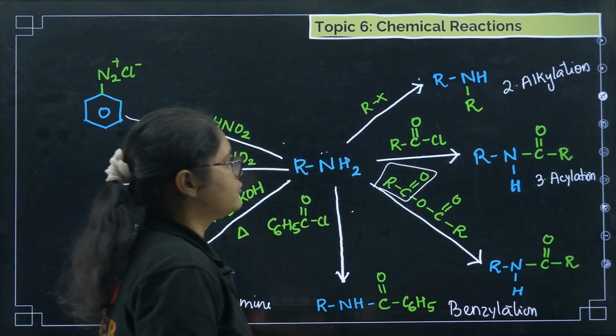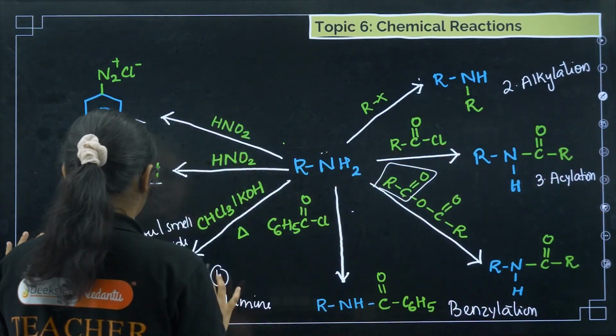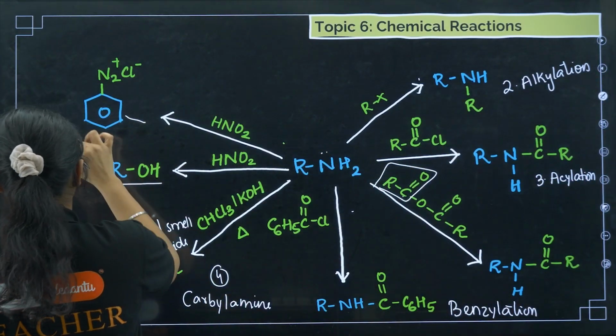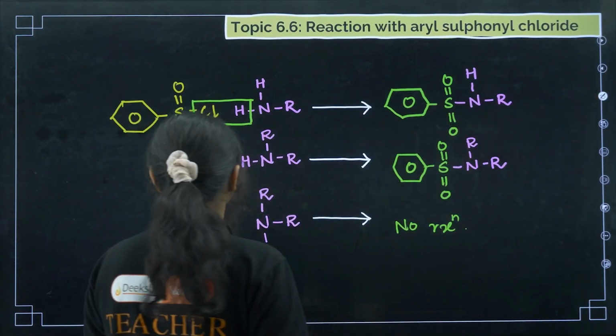Now moving to the next one. This is the fifth one, right? The sixth one was benzene sulfonyl chloride.